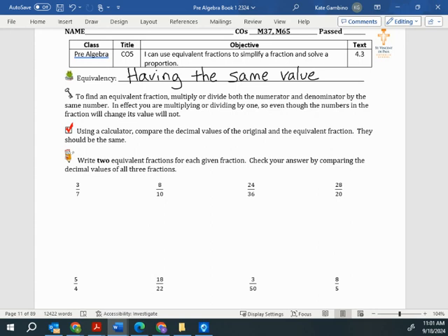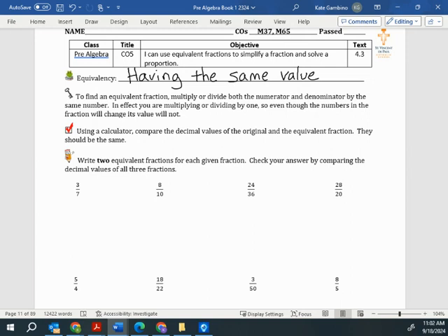So we're not going to multiply it by 1 because then you get the exact same number. We want a different number, but we want it to be the same value. So instead of multiplying by 1, we can multiply by 2 over 2, by 3 over 3, by 4 over 4. Okay, so it keeps the same value, but it's a different number.